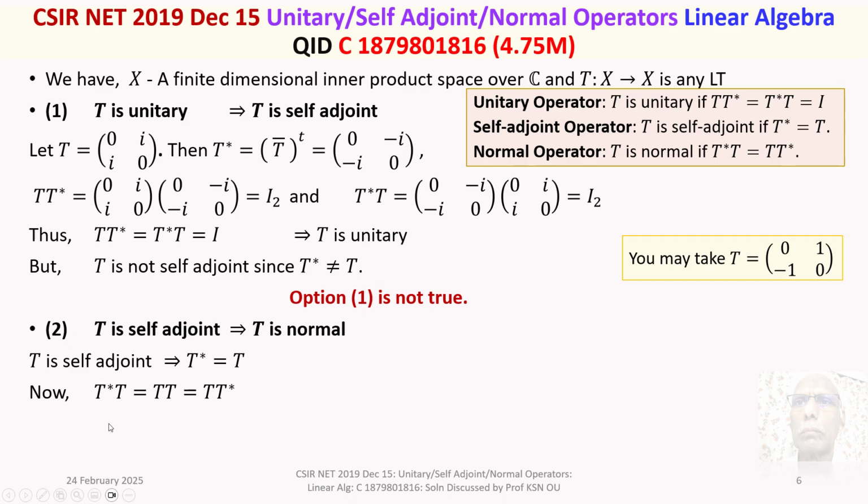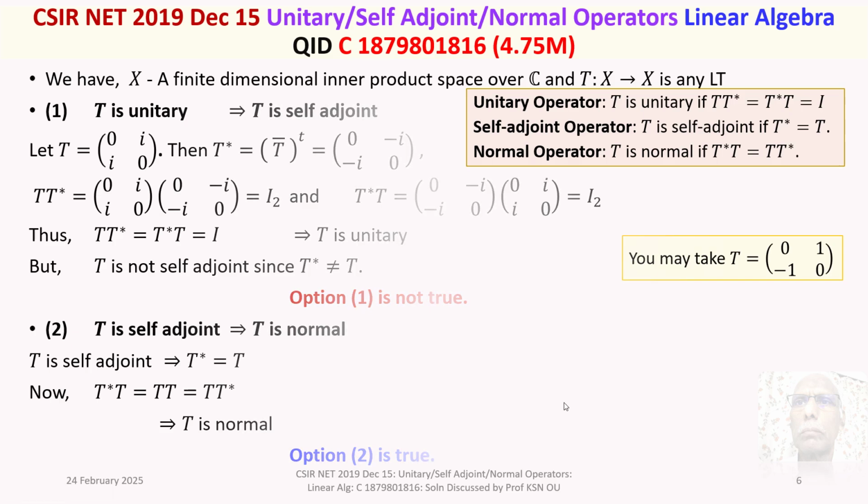So, T star T is equal to, for the first T star, write T, into T. Now, for T T star, you write T into, for the second T, T star. So, T star T is equal to T T star, therefore, T is normal. So, every self-adjoint operator is normal. Option 2 is true. We continue the discussion in the next slide.